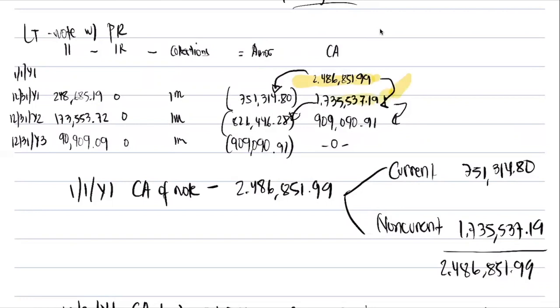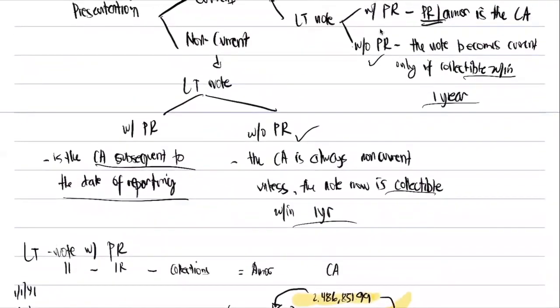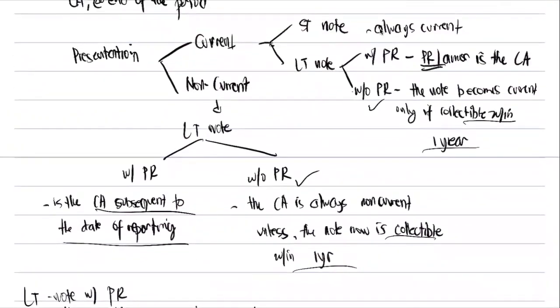That's why that is the non-current. Clear? And then, if it is a non-current long-term note without principal repayment, the carrying amount is always non-current unless the note now is collectible within 1 year.